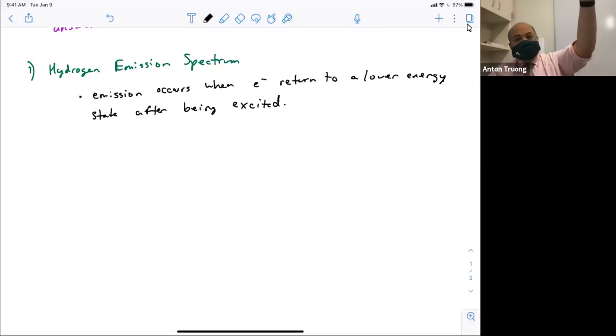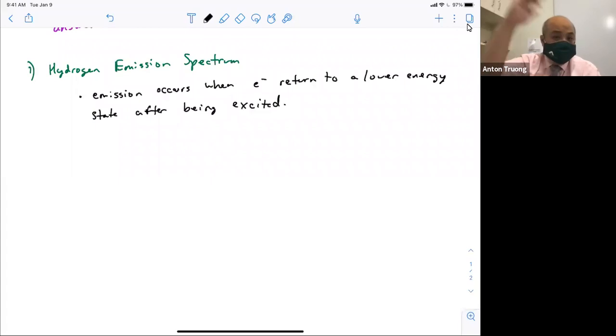So higher energy level to lower energy level is an emission. Absorbance is the opposite. Okay, so this is where the different lines of light are emitted from these jumps between energy levels here.